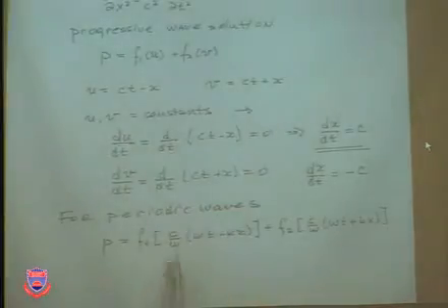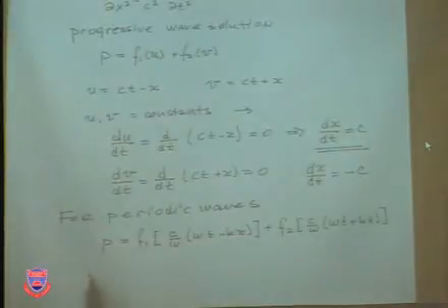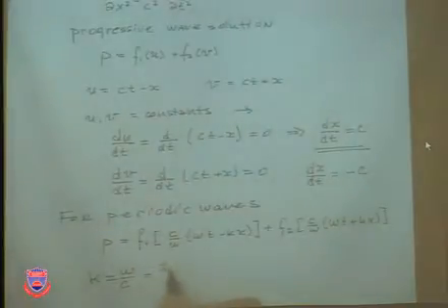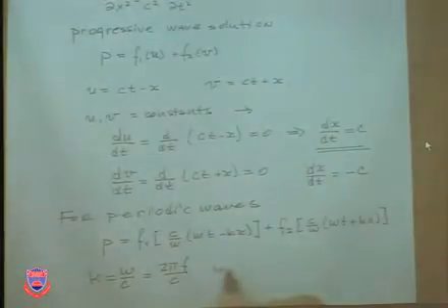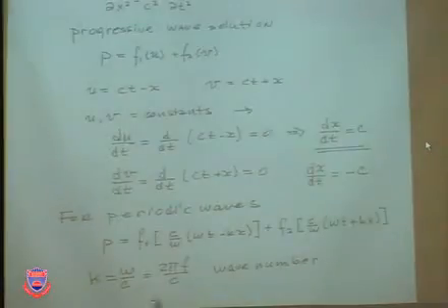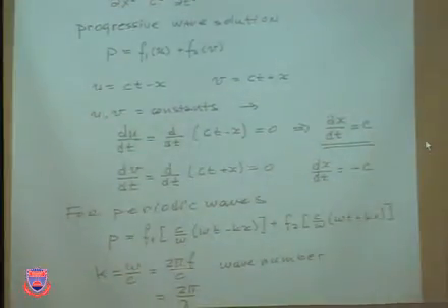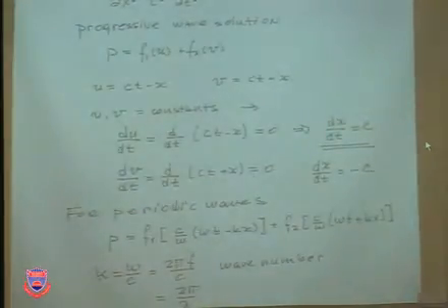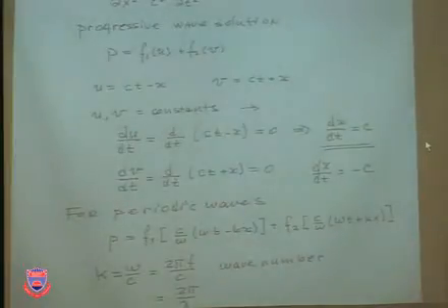What we have done is insert omega here, and k equals omega over c. It's called the wave number. Okay, and lambda is the wavelength. f is the frequency.